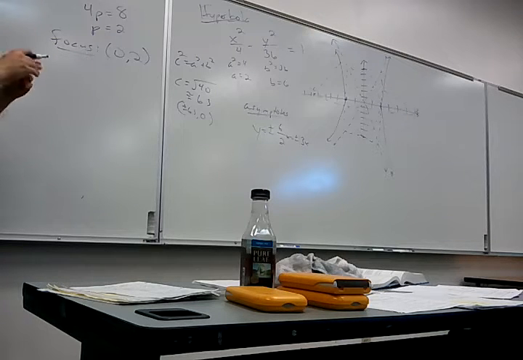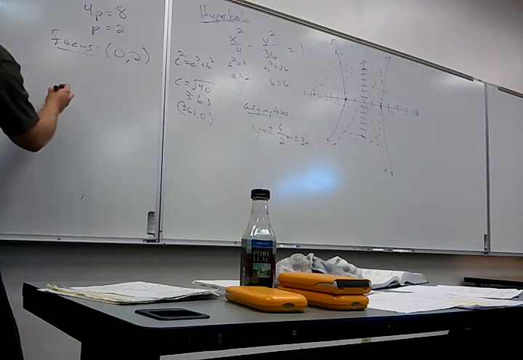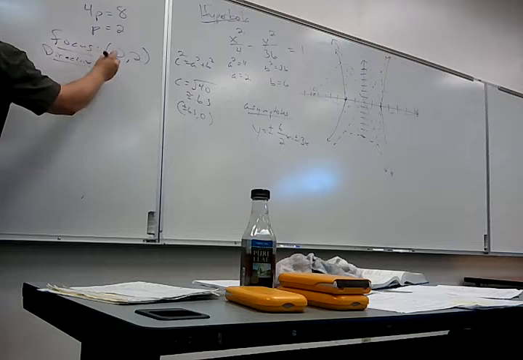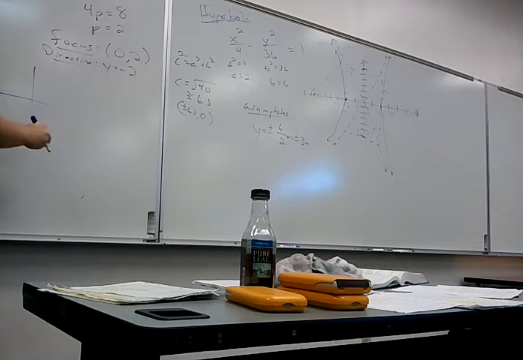Now, the idea of a parabola is you have this directrix. Here the directrix would be y equals -2, on the other side. So you have a focus, in this case at 2, and a directrix at y equals -2. The parabola is the set of all points that are equidistant from those.